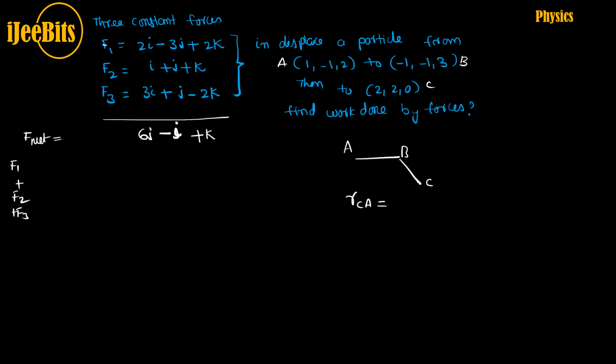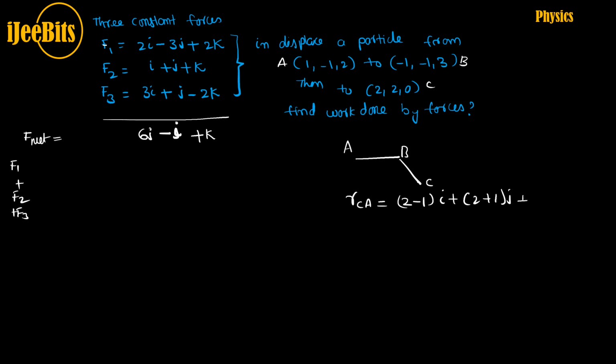So how do you calculate now? 2 minus 1 for the i component. For the j component, 2 minus of minus 1, so plus 1 of j.